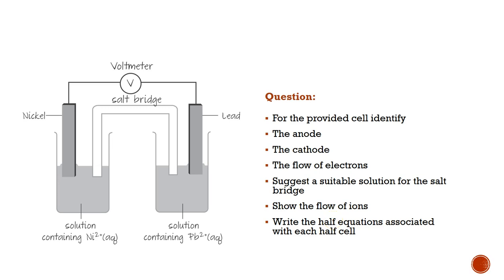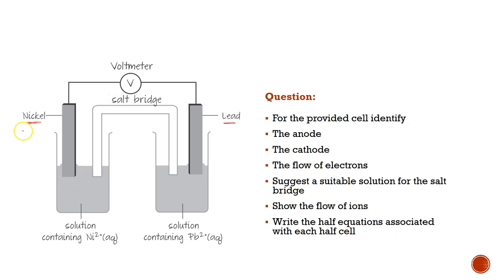Now, I don't actually have an electrochemical series with me here, but let's have a look. If I remember from memory, and please correct me if I'm wrong, nickel is the more reactive metal and lead is the less reactive metal. And if I go by conventions, this is always also on the left-hand side.